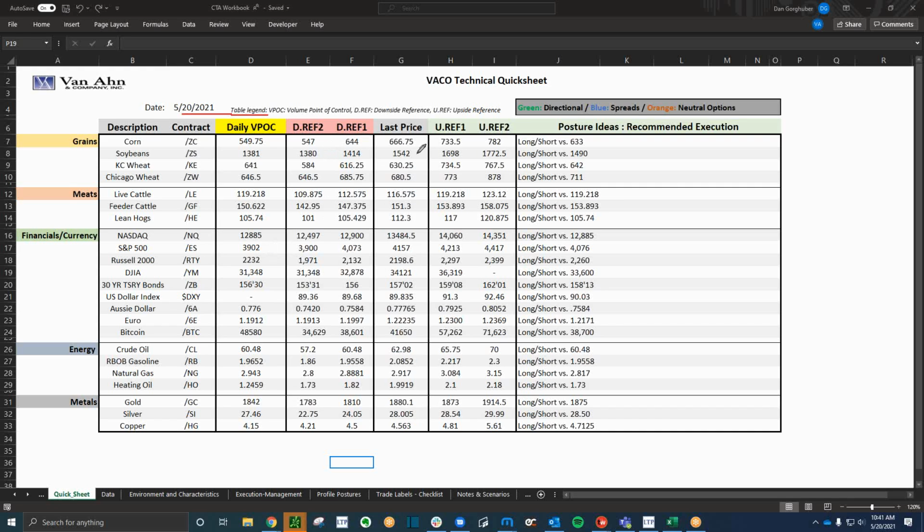Downside reference points and upside reference points are simply levels that you can think of as possible decision levels for trades. We want to be highlighting key volume nodes that are not quite a VPOC, obviously, but are still important nonetheless to consider, to the downside or the upside.